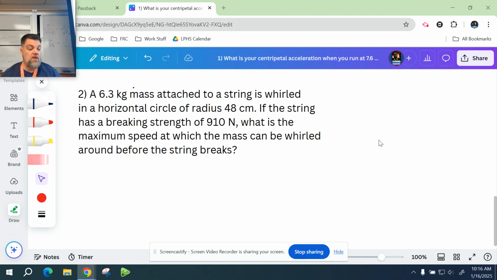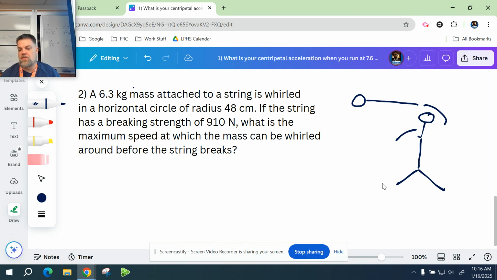All right, so let's draw the picture first. I've got some object, and here's Mr. Adams, and I've got my arm. I'm swirling this object around. This is totally not proportional, so let me make it a little more proportional. Here's Mr. Adams, here's my arm, here's my other arm.